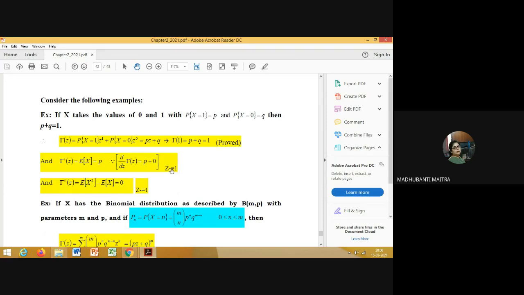At z is equal to 1. I'll check the Word file. So try to find out the standard deviation for this. Is this example clear?